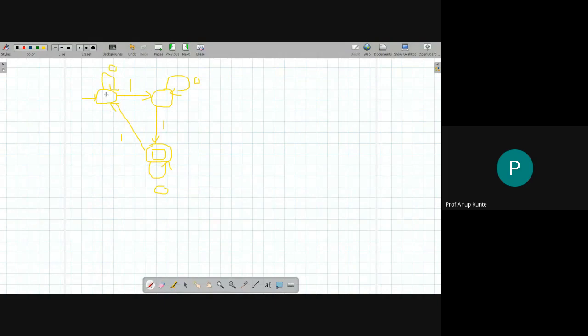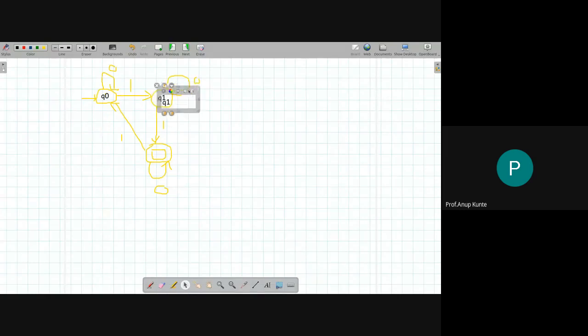I'll be marking the names of the states. Generally, when we name the states of an automata in this subject, we mention the initial state as q0, and the rest of the states as q1 and q2.